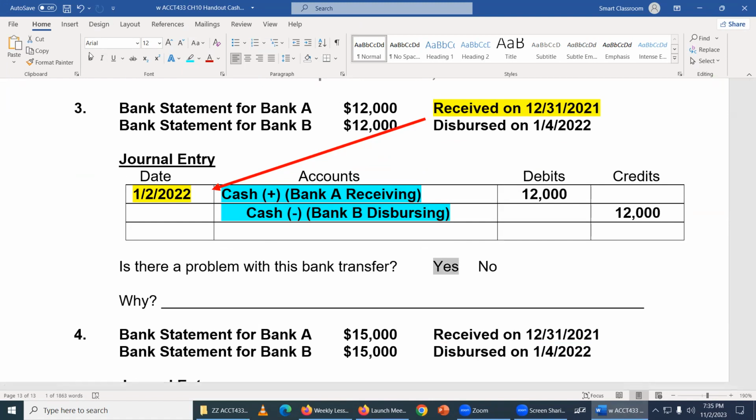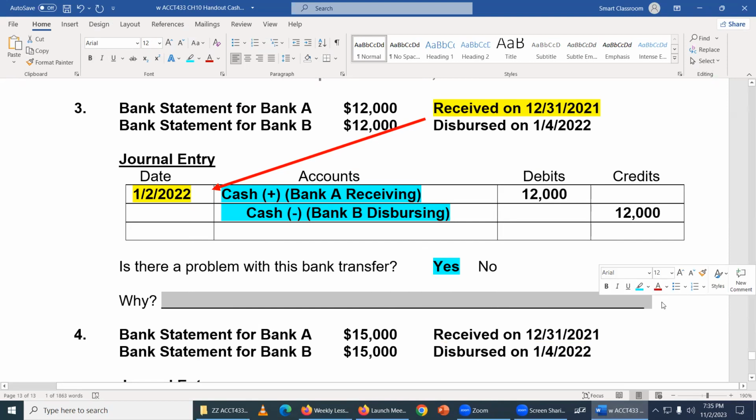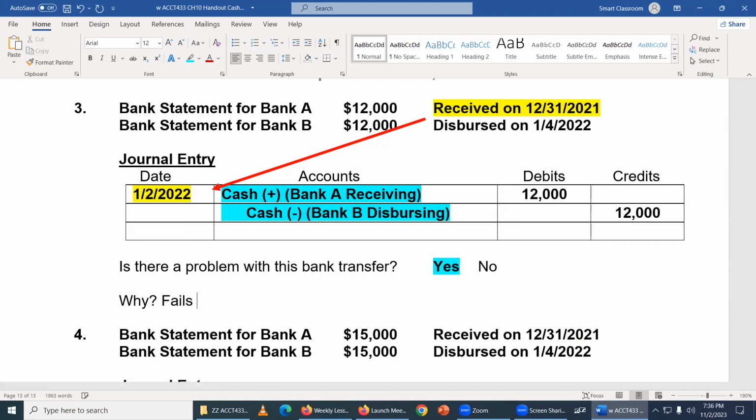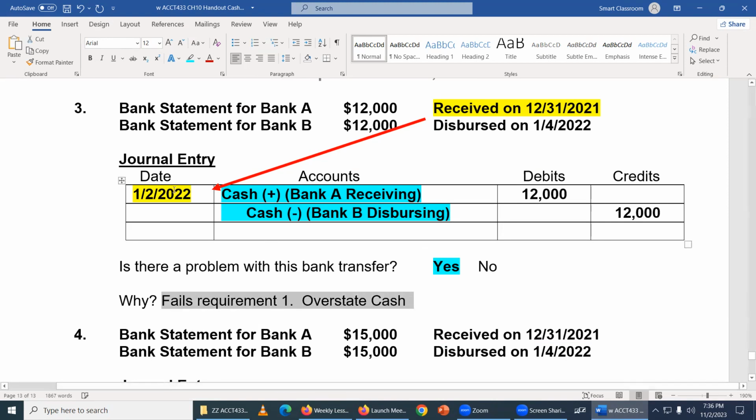This will overstate cash. So this fails requirement 1, and this will overstate cash. It'll look like there's too much cash in there, more cash than there really is.